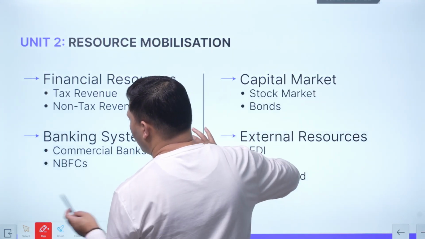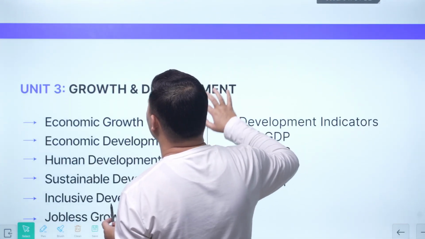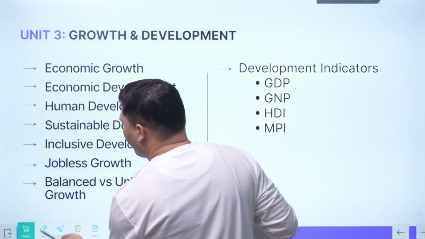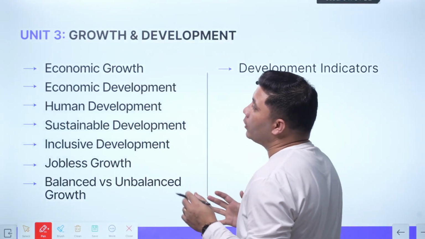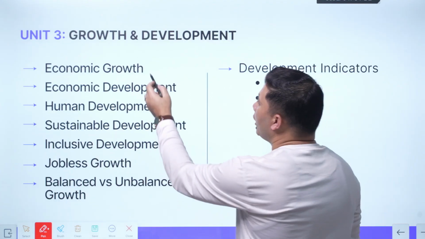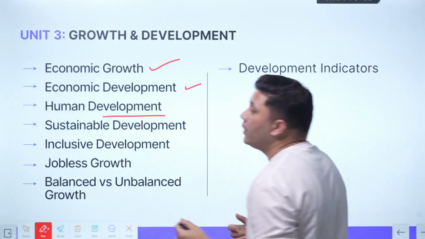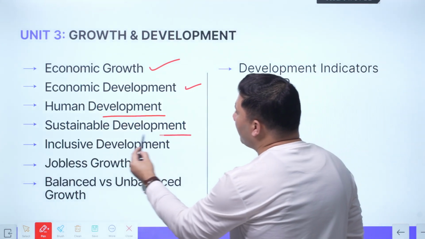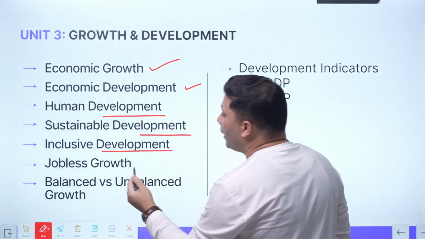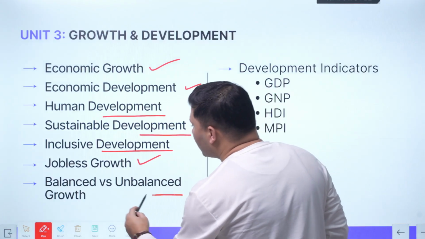Then going forward, you have to study the growth and development of the economy in India. So you have to study economic growth, economic development, human development in India, sustainable development, inclusive development, jobless growth, balanced versus unbalanced growth.